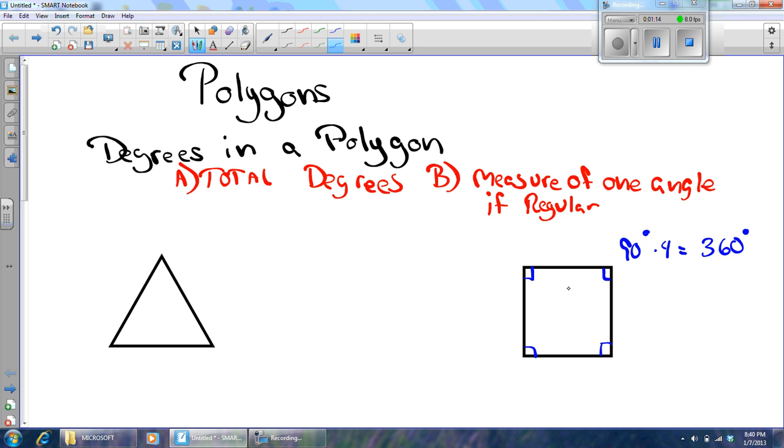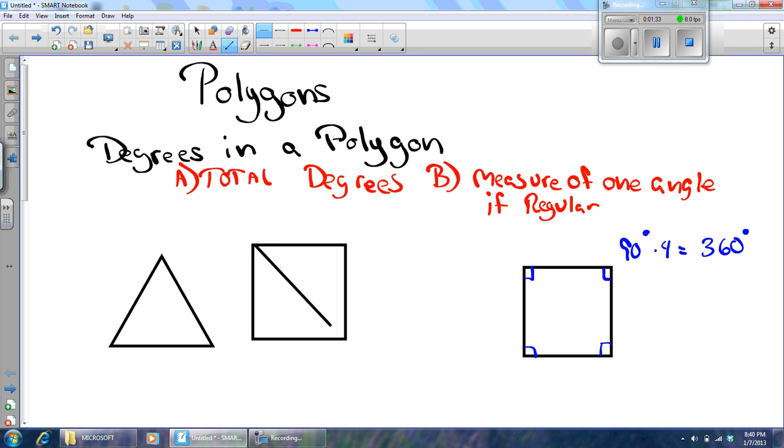Now I ask you, what's a triangle? Well, someone's going to say it's a three-sided polygon, and I agree with you. But isn't a triangle, in its most basic form, really just half a square? I mean, if I cut that square in half, don't I get two triangles?